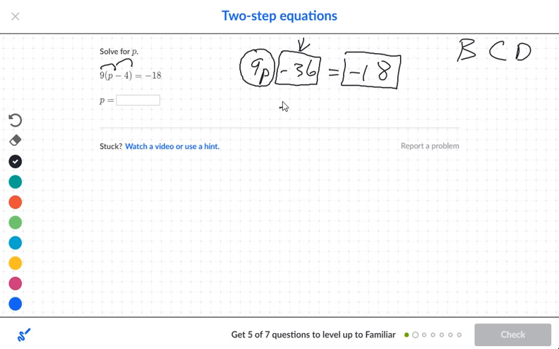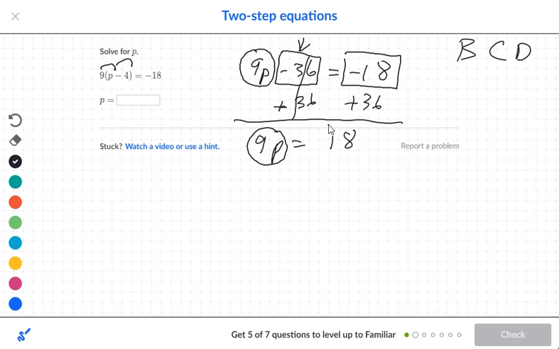So the move of minus 36, we're going to make this a positive 36. So now this will cancel. This gives me 9 letter P, and this gives me a positive 18. Now if I check this, I do have one circle equal to one box.